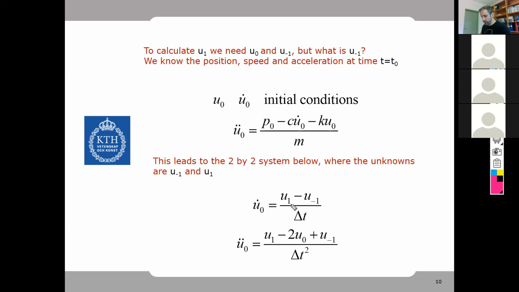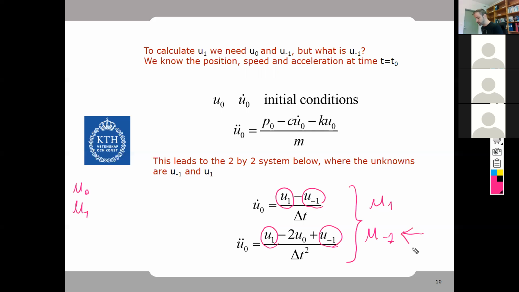When we start from the initial conditions, we have U0, and we want to calculate U1. Well, U1 is, for the time being, an unknown that we want to calculate. And we have another unknown, which is U minus 1, which doesn't exist yet. But we have two equations, okay? So these two equations together will give us the values of U1 and U minus 1.